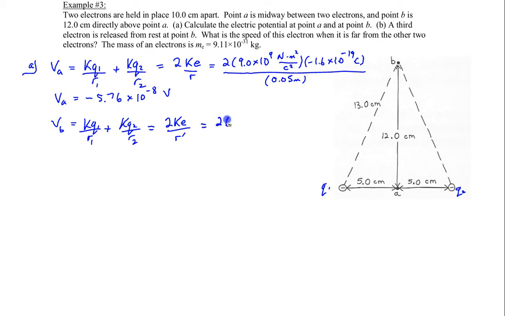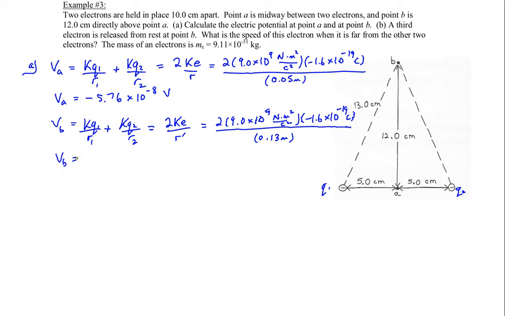So we have 2 times 9 times 10 to the power of 9 newton meter squared per coulomb squared. We still have negative 1.6 times 10 to the power of negative 19 coulombs, except the distance now is 13 centimeters, so 0.13 meters.